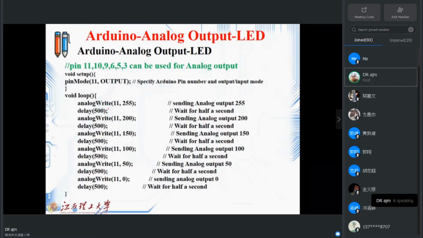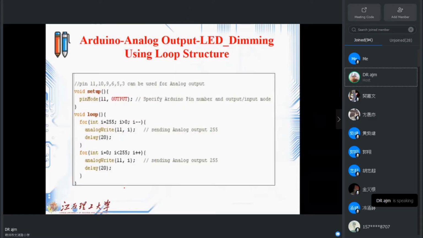You will see that 255 is when I have the maximum, and 0 is when I have the minimum brightness. This is another example that we can have. Even the Arduino can do the analog writing through loops. Just have a look at this code.